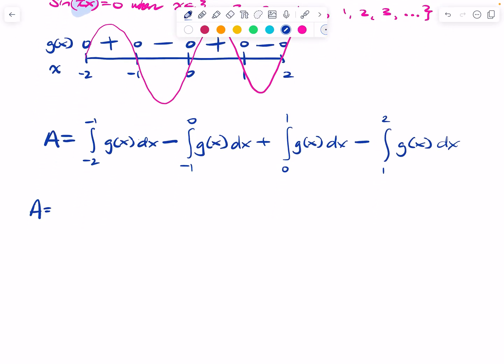All right. So we're doing all these things. This is for 4 sine of pi x, and that's 4 sine pi x for all of them.